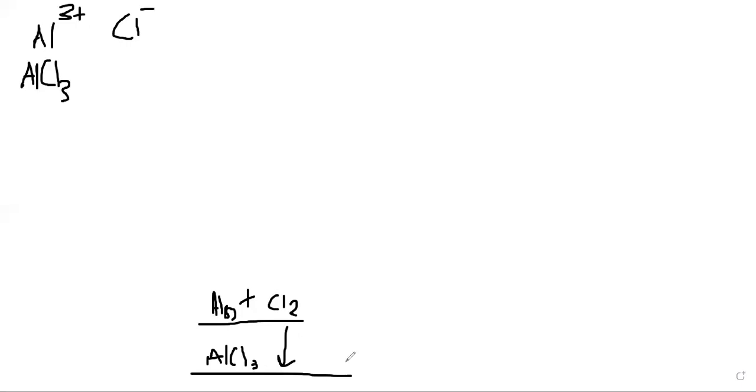Right, so that's aluminum chloride. Now we have Cl2 here, but it must be equal to 3. So we have to multiply it by 1.5, which is the same as 3/2.